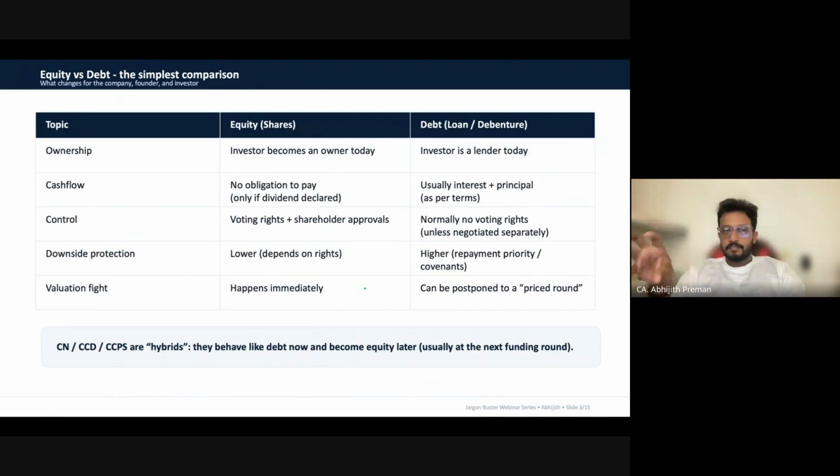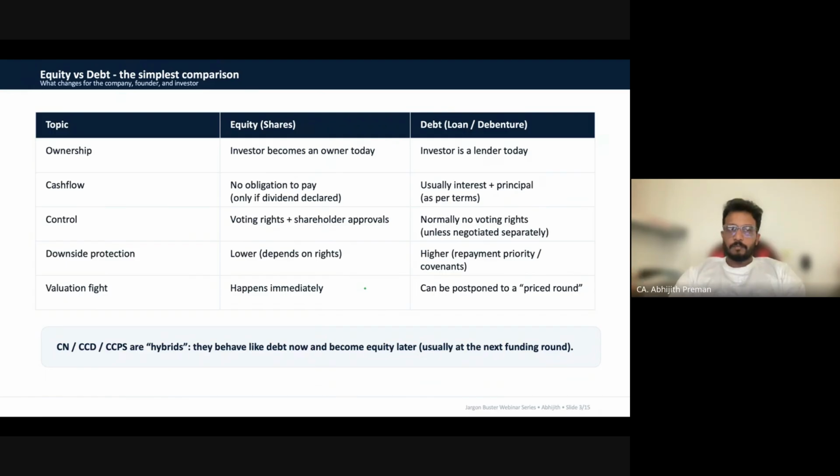In that case, the protection for equity is comparatively less than for a loan, because in a loan, the amount you have given is the amount you get back, along with interest, irrespective of the value of the company. Then there is repayment priority. If the company doesn't perform well and you have to wind it down, you first repay the debt and only then can you repay the equity.